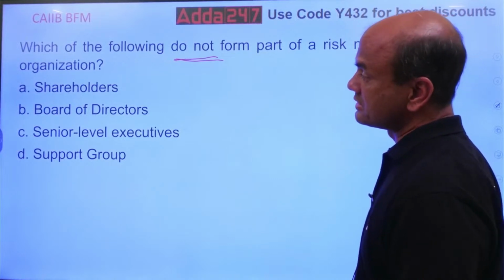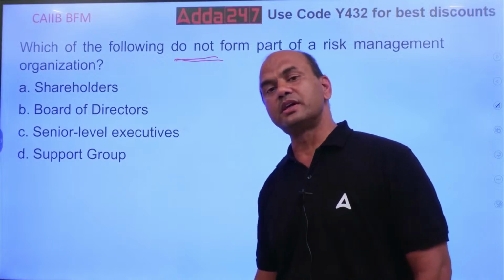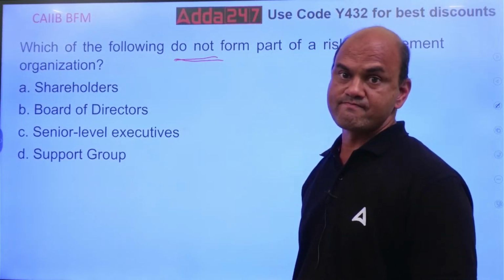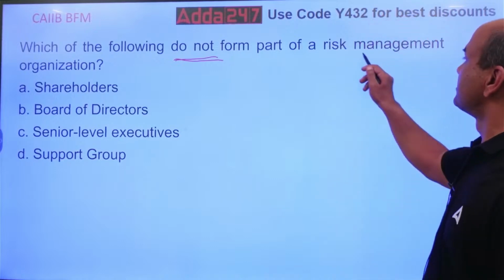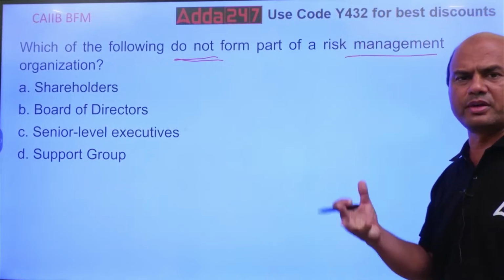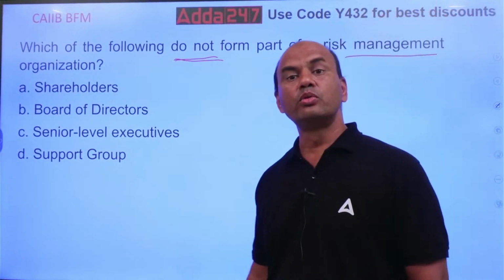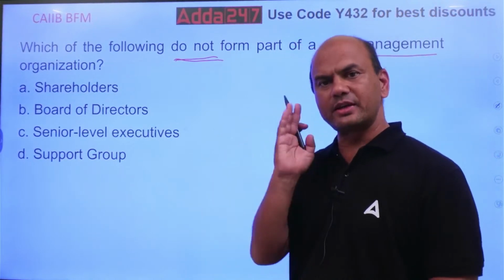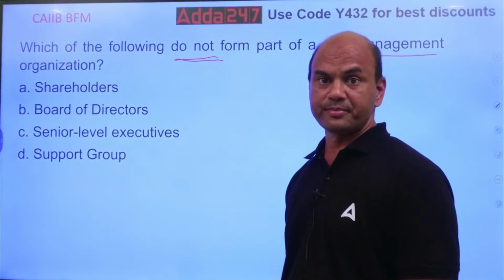So shareholders, board of directors, senior level executives and support group. Who do not form the part of risk management organization means framework. Organization means framework. So who all are not the but? Okay, firstly understand the risk management framework. What is the risk management framework?